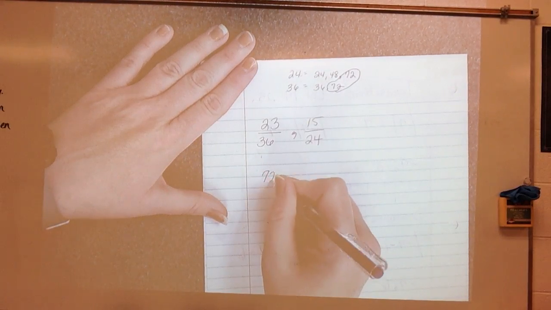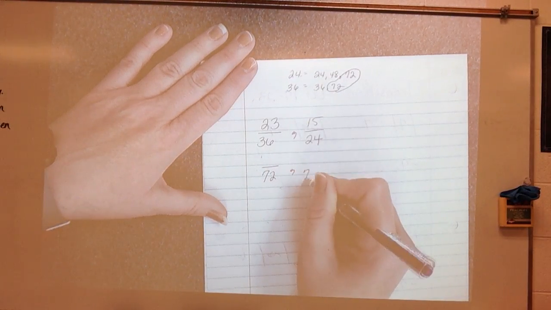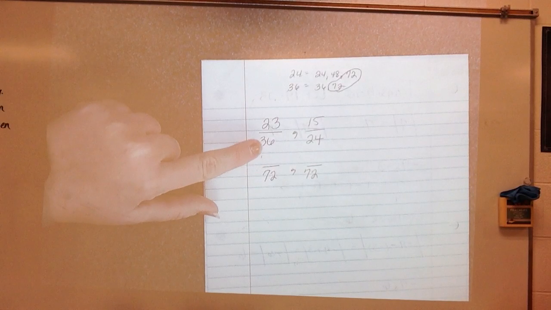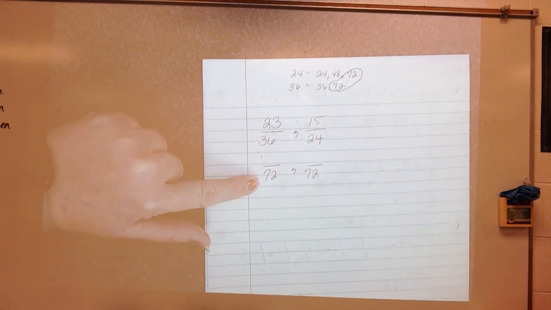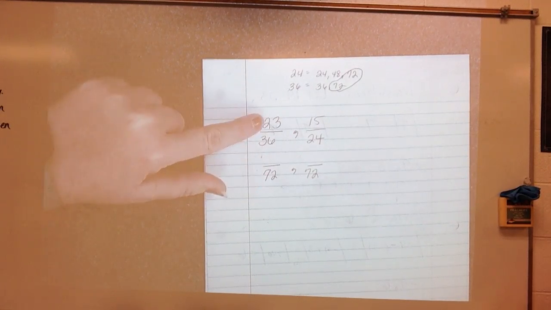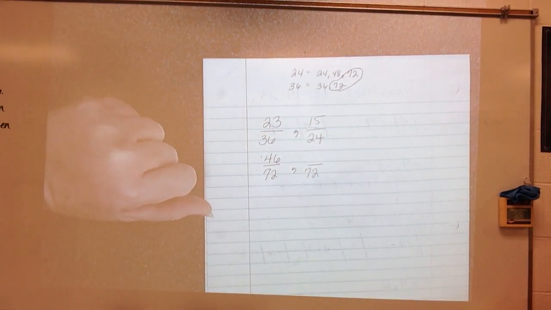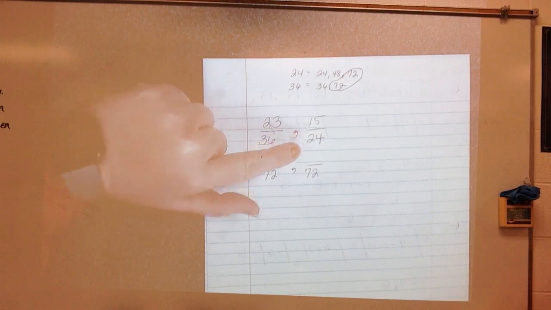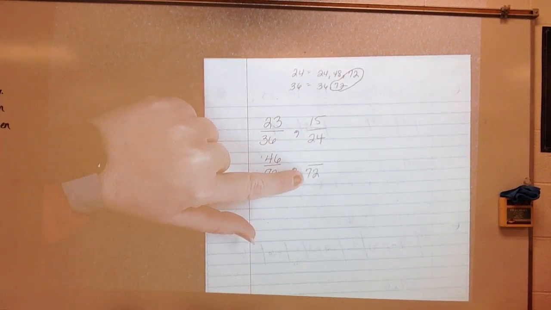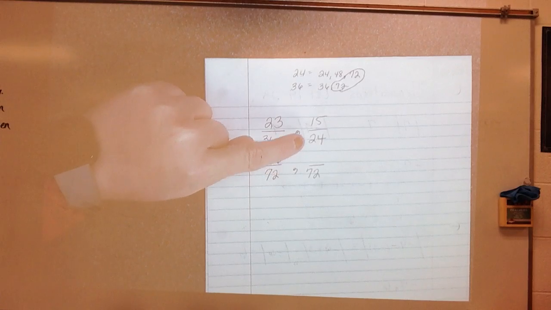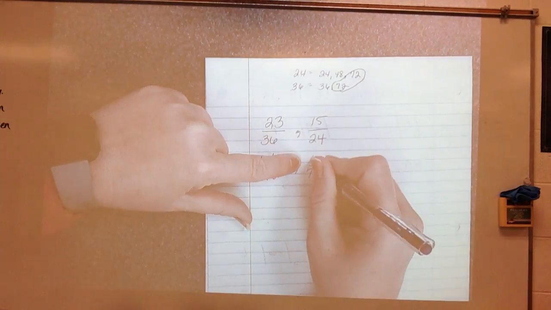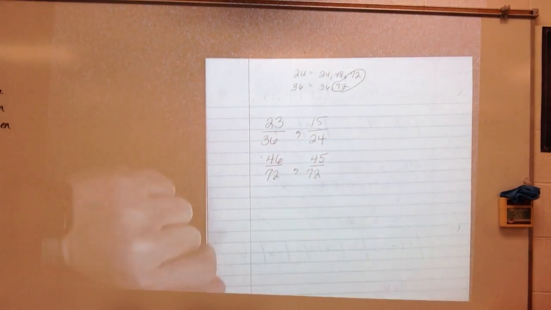So I'm going to change it to 72. 36 times 2 is 72, so 23 times 2 would be 46. 24 times 3 is 72, so 3 times 15 is 45.